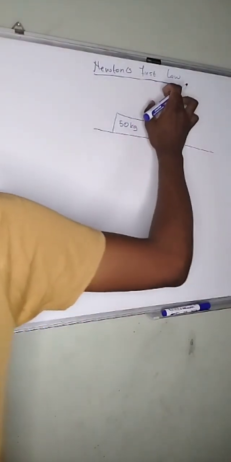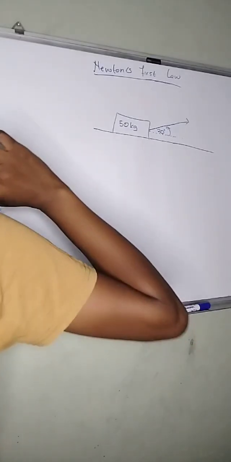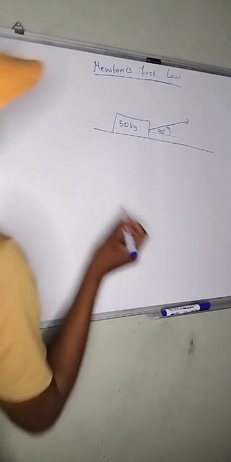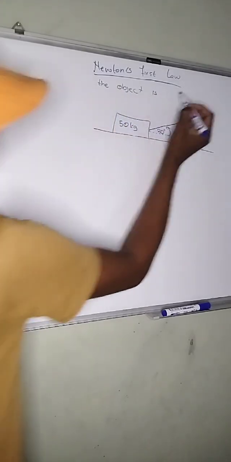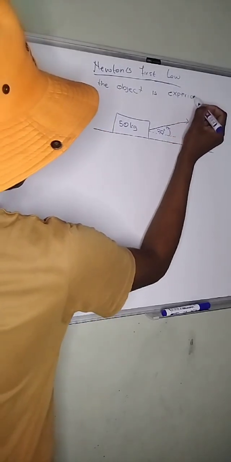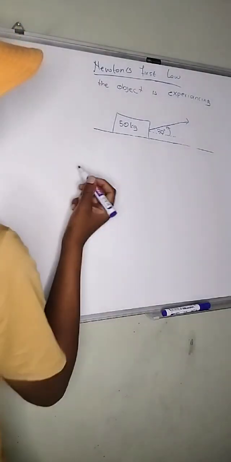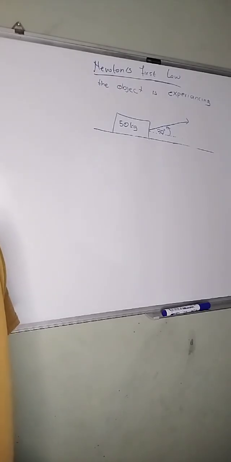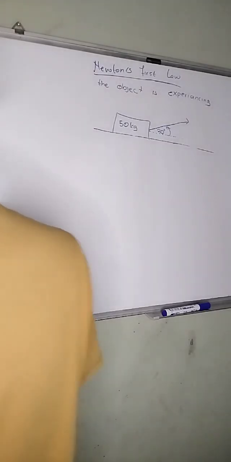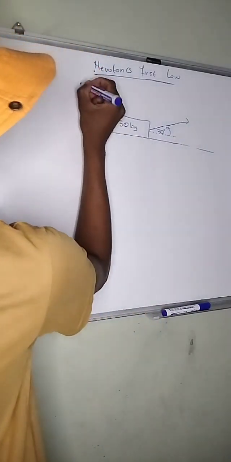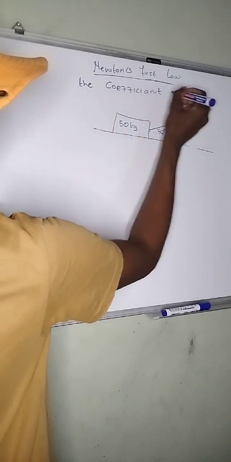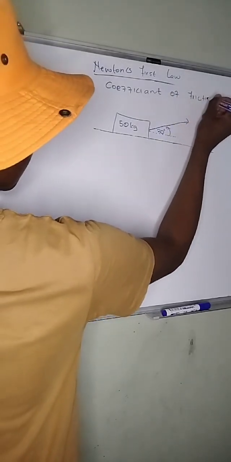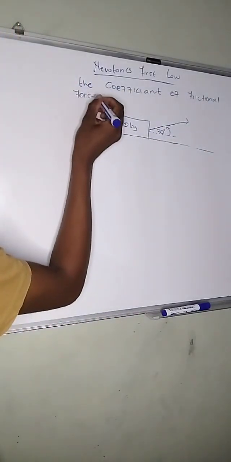We're still on first law, ne? And they're saying constant F pulls this object, which is experiencing a coefficient of frictional force.